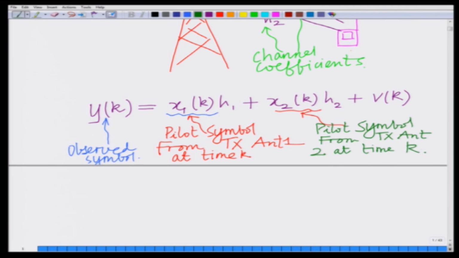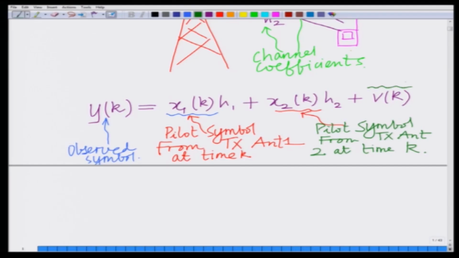So we have the system model y_k, which is the observed pilot symbol at time instant k at the mobile, equals x1_k times h1 plus x2_k times h2 plus v_k. x1_k is the pilot symbol from transmit antenna 1 at time instant k, x2_k is the pilot symbol from transmit antenna 2 at time instant k, and v_k is, as usual, the noise sample. This is basically again something that we have seen many times before.